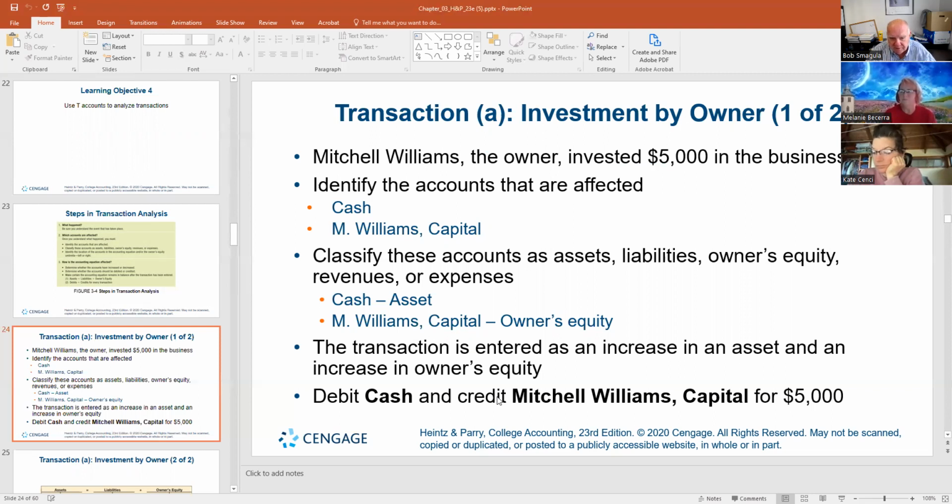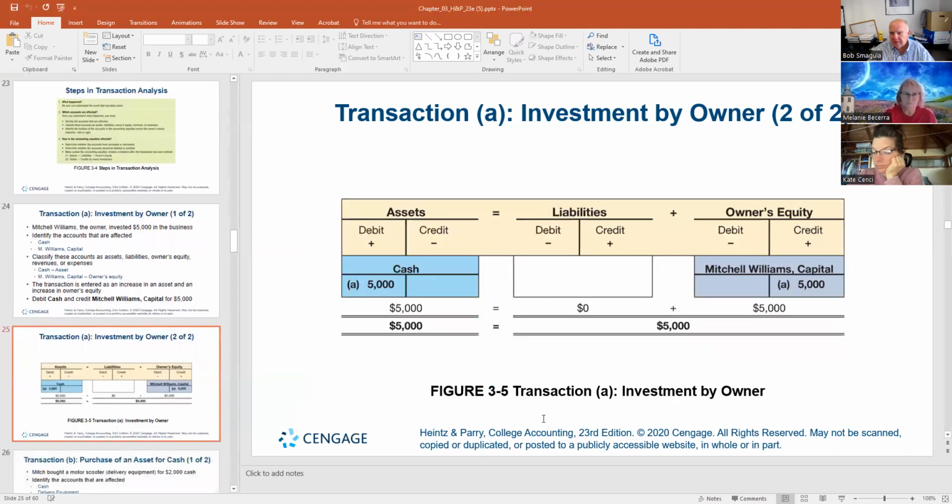We do that. And now we're going to say the transaction is entered as an increase in an asset and an increase in owner's equity. Therefore, we debit cash and credit capital for $5,000. And this is your general ledger now. You have a debit of 5,000 and a credit of 5,000 here, and we're in balance.